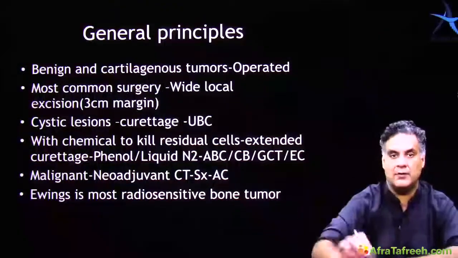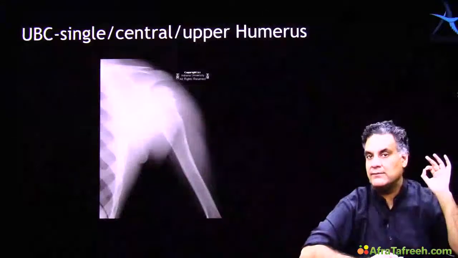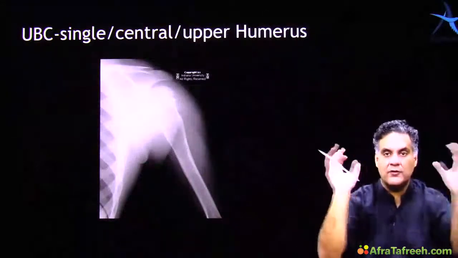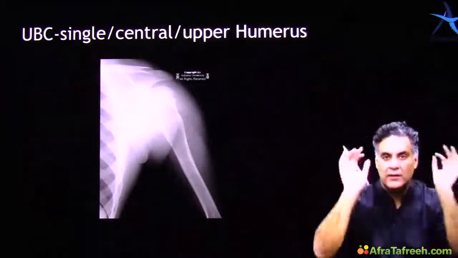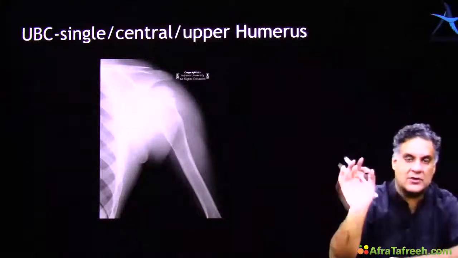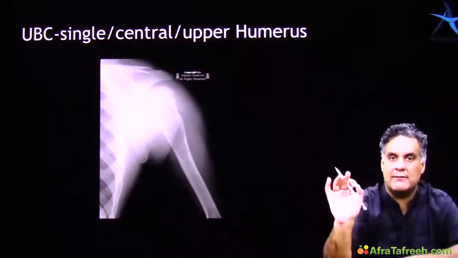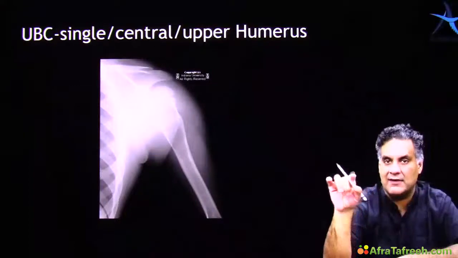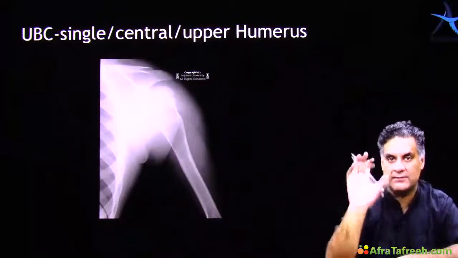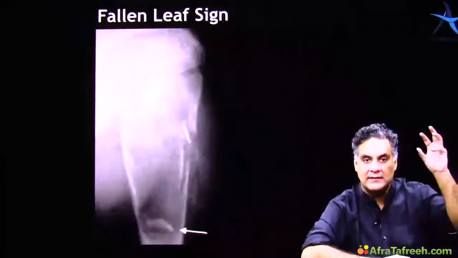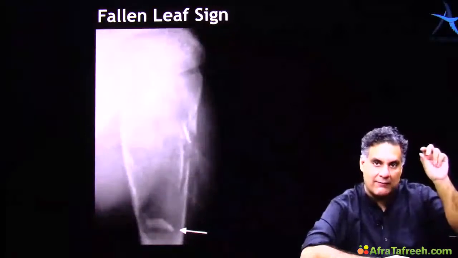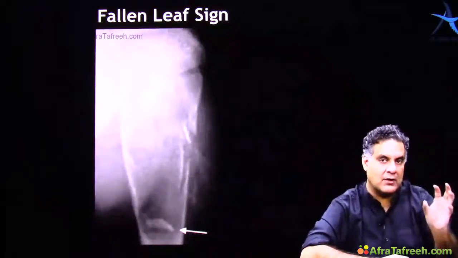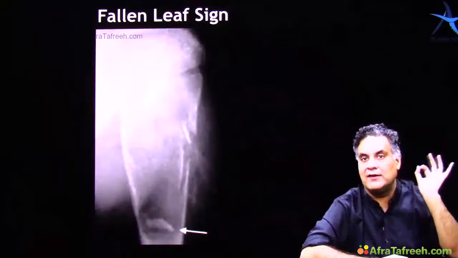Very, very, very important. And coming to the tumor identifications, if you are looking at the upper end humerus, your mind should run in the direction of UBC, unicameral bone cyst, single cavity upper end humerus is the central lesion. And when you look at the second thing here, you will have a broken cortical piece at the bottom because it's a single cavity called a fallen leaf sign.